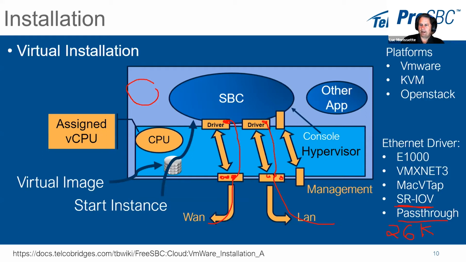So you can have SR-IOV connecting here and SR-IOV connecting here on the same network device, but with very good performance. Both of them are very similar, but not all systems support SR-IOV.